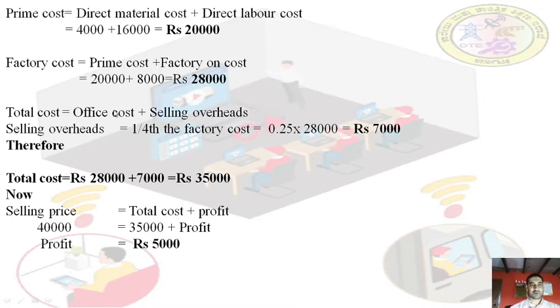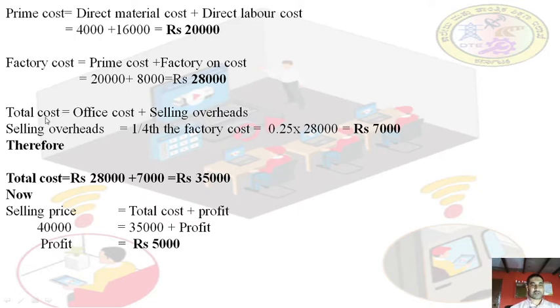So the factory cost will become the office cost, and they will be equal. Why? Because there is no office overhead. If you add, you will get the same amount, that is 28,000, because no office or administrative expense is mentioned.